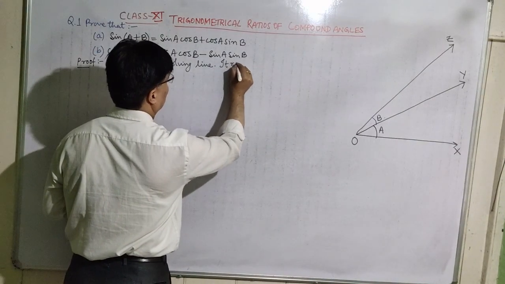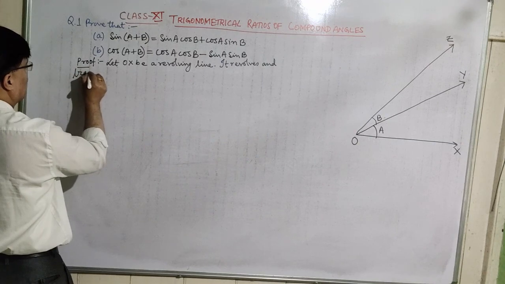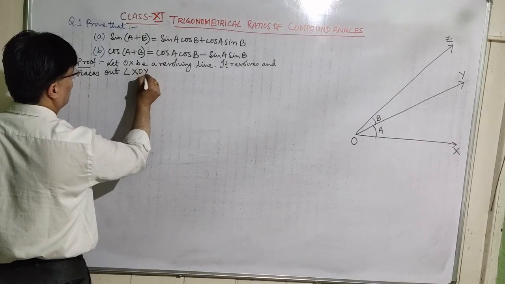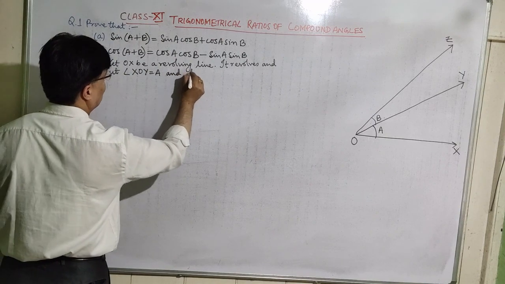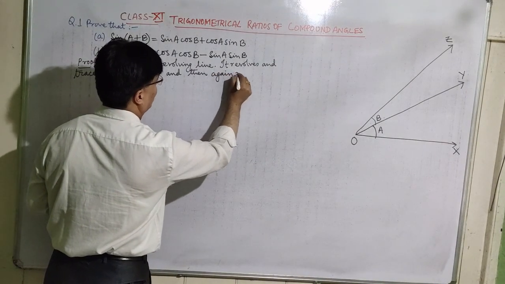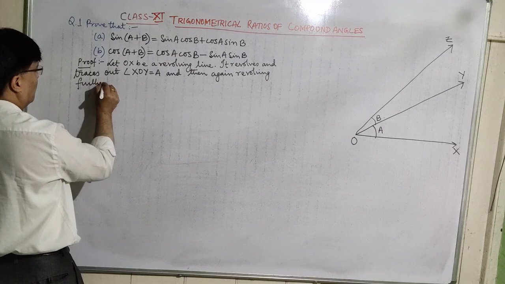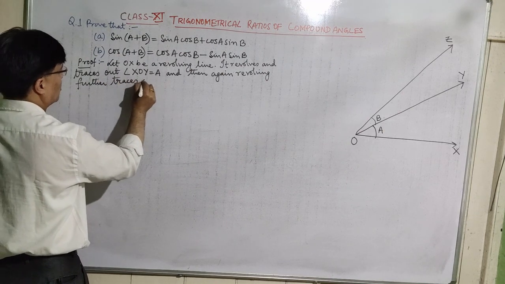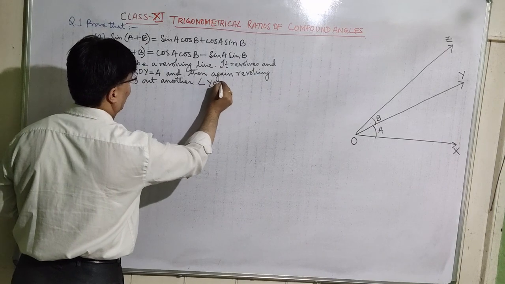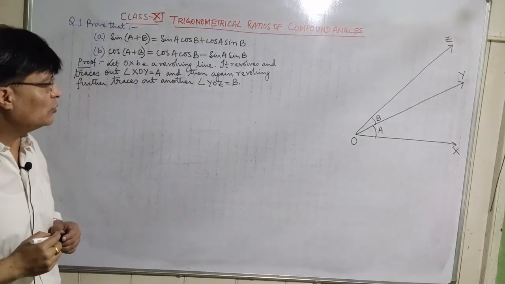It revolves and traces out angle XOY is equal to A, and then again revolving further traces out another angle YOZ is equal to B.